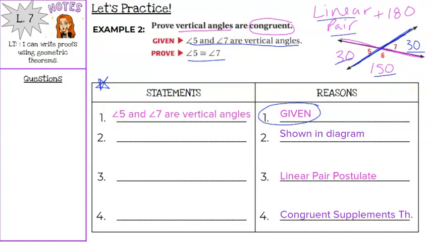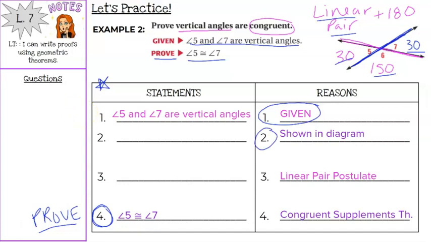Now once we write in the first statement, that given, we can also always add in that last statement, because the last statement is always going to be what we want to prove. Well, we want to prove that angle 5 is congruent to angle 7. So that's going to be our last one. Angle 5 is congruent to angle 7. So now we just have to fill in blanks 2 and 3. So blank 2, our reason is shown in the diagram.